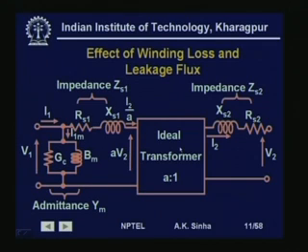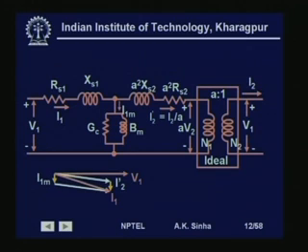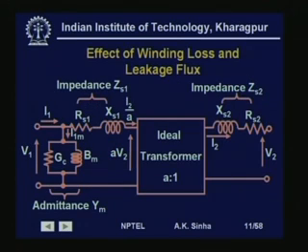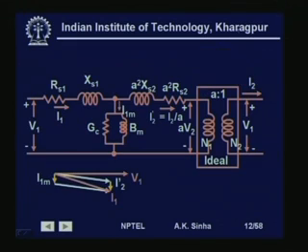Now, as we know, just like voltage and currents are transformed, we had seen we can transform the impedances from one side to the other side. Therefore, if we do that, then this side impedance, which is here, can be transformed and put on this side, and then we get it like this.